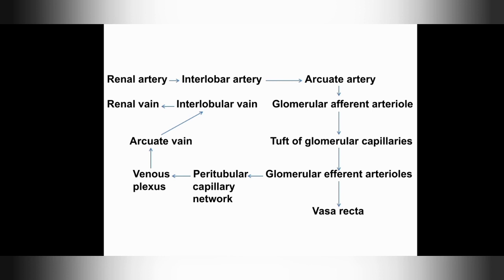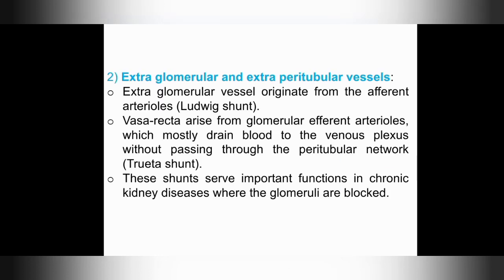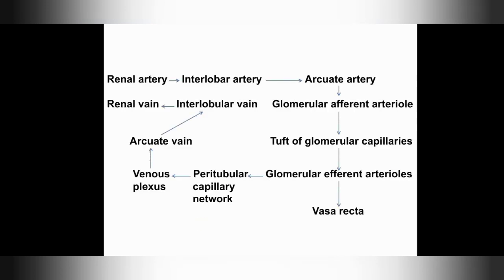The peculiarity is there as it is shown, that they are having extraglomerular and extraperitubular vessels. Just see the figure. This is the one peculiarity. These are known as shunts.